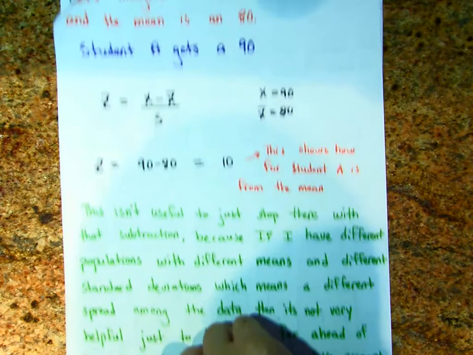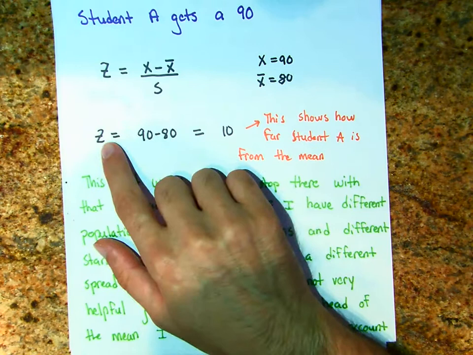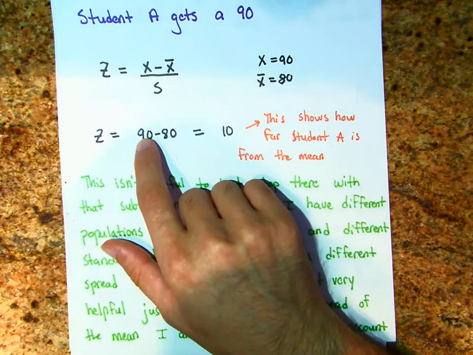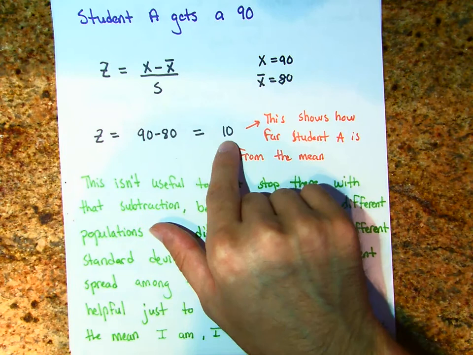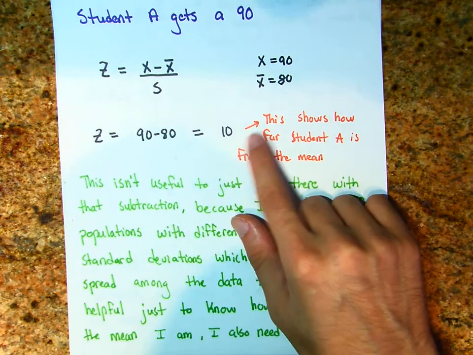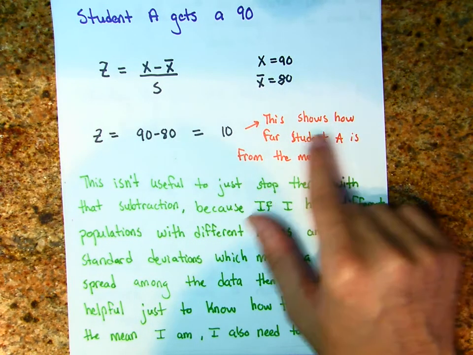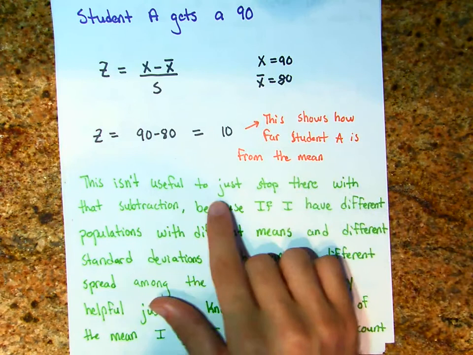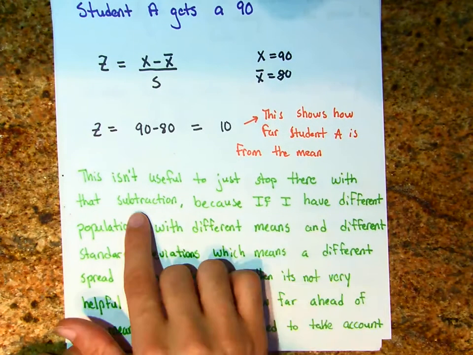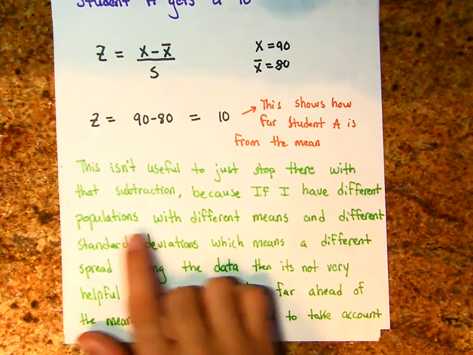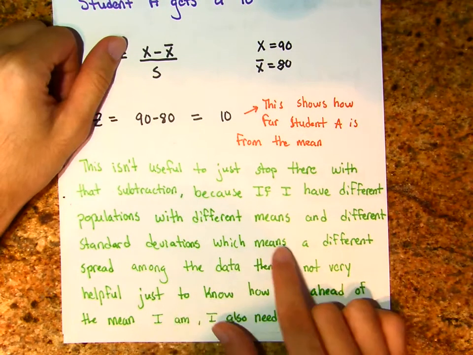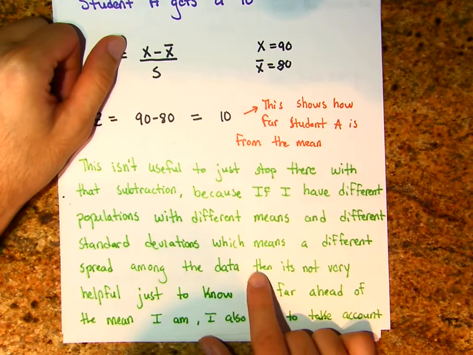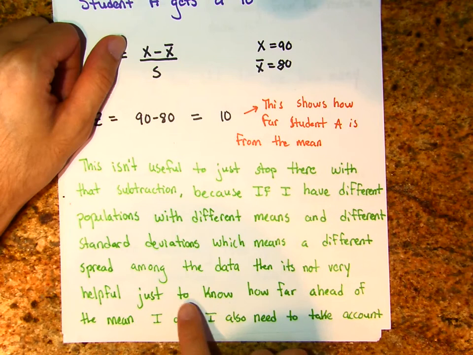If we just calculate the score of 90 minus the mean, we get 10. This 10 implies how far student A is from the mean. It isn't very useful to stop there with that subtraction, because if I have different populations with different means and different standard deviations, which means a different spread among the data, then it is not very helpful just to know how far ahead of the mean I am.